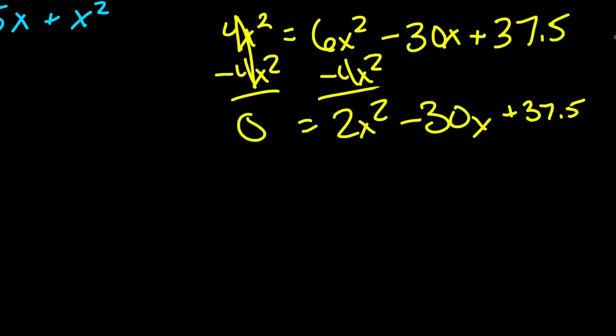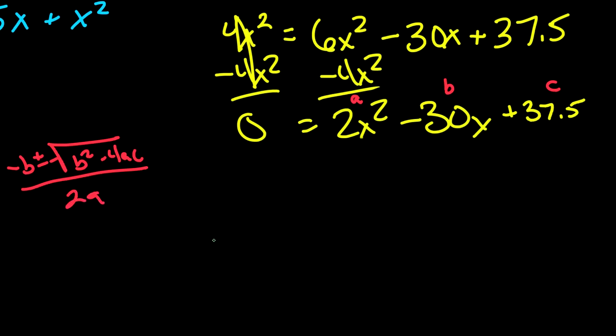Alright, now it looks like we got a quadratic equation coming up, so this is going to be A, B, and C. The quadratic equation again was negative b plus or minus the square root of b squared minus 4ac, over 2a. So let's take our values that we labeled and plug them in.